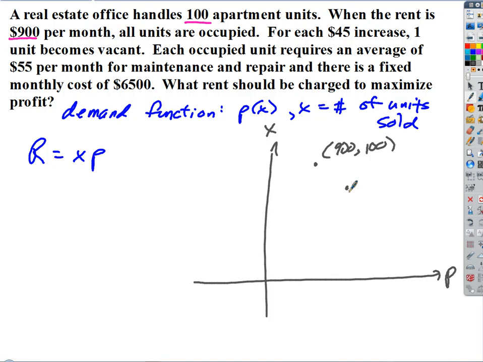So we have another point there, for example, $945. As the independent variable goes up, the dependent variable goes down. So we get a line if I connect the dots here, like so.